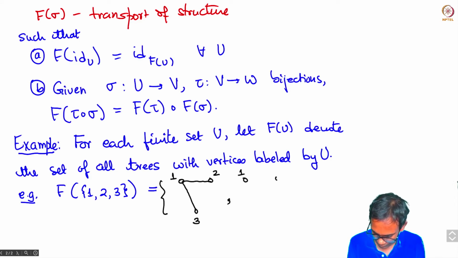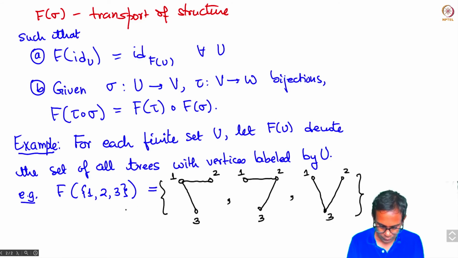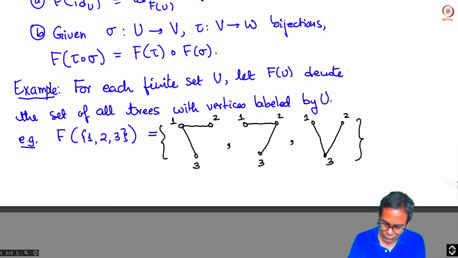Another is where there's no edge between 3 and 1. And another one is where there's no edge between 1 and 2. So this is the image of the set {1, 2, 3} under the species of labeled trees.